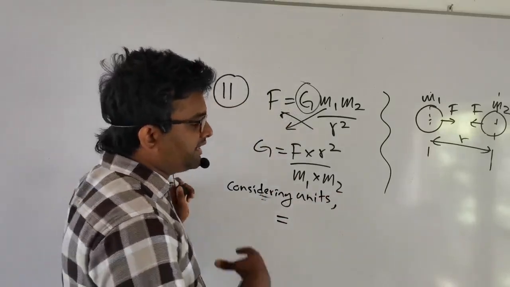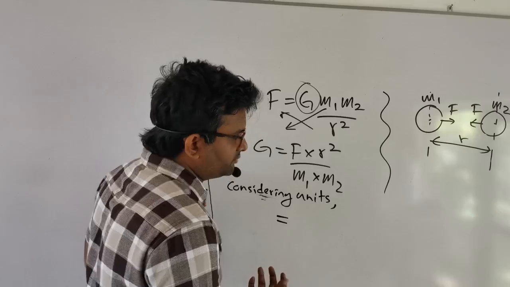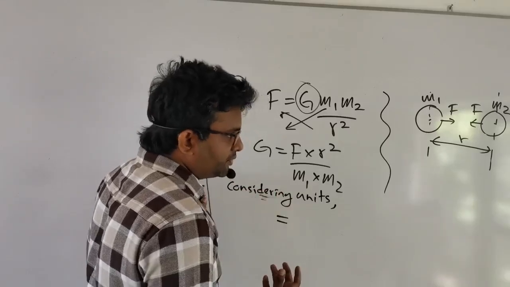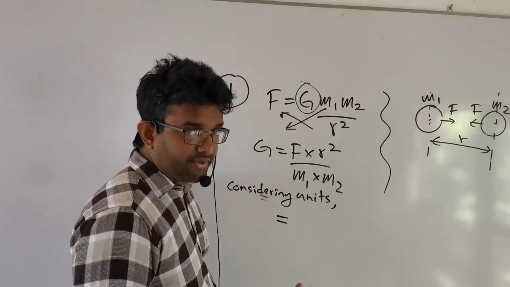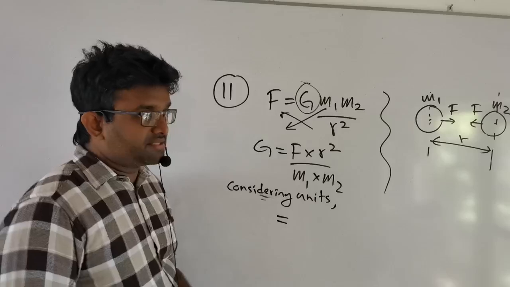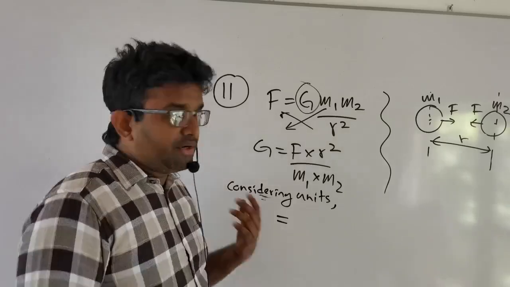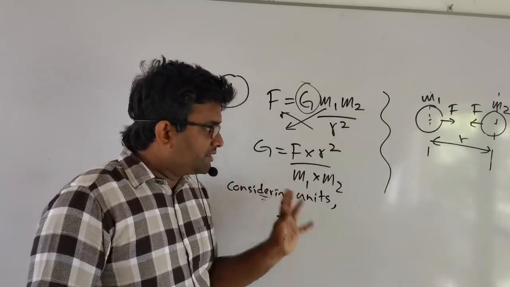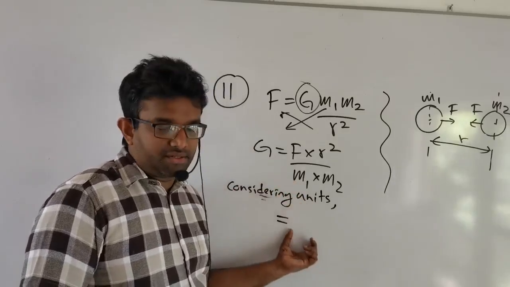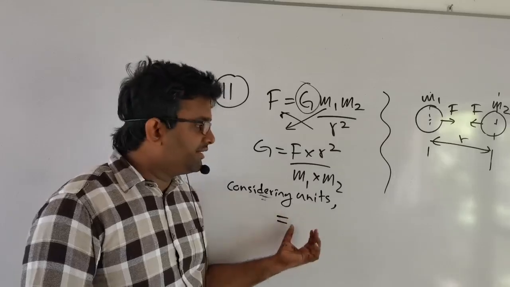For the unit of force, we can put the derived unit or we can put newtons. In this question the answers are not given, it is not an MCQ. In an MCQ we look at the answers to decide what to substitute: if newtons are in the answers we can put newtons, and if newtons are not there and only fundamental units are, then we need to put the derived unit.